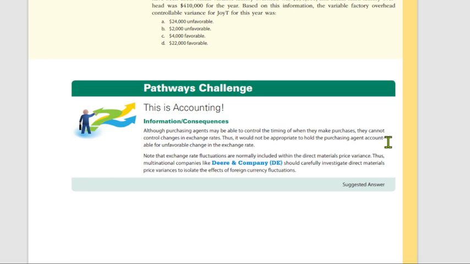But when ginawa naman niya yung proper documentation at binili niya, pinlace niya yung order at nagkaroon pa rin ng fluctuation on the currency, we cannot pinpoint responsibility, and the Brazilian purchasing agent cannot be held accountable for this kasi nga yun ay uncontrollable situations, especially kapag related sa foreign currency fluctuations.